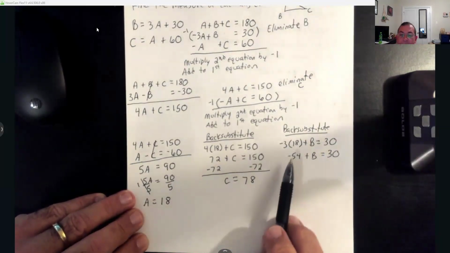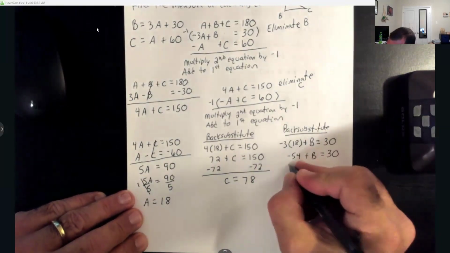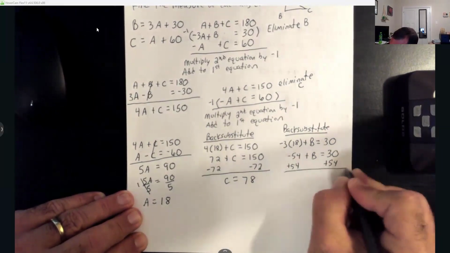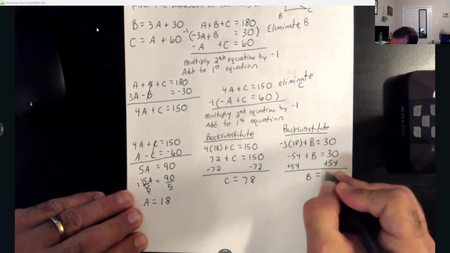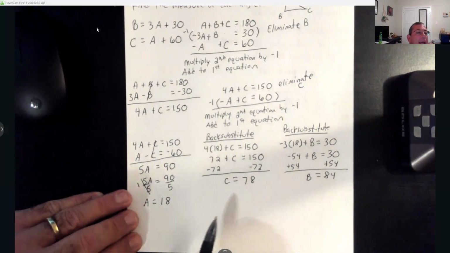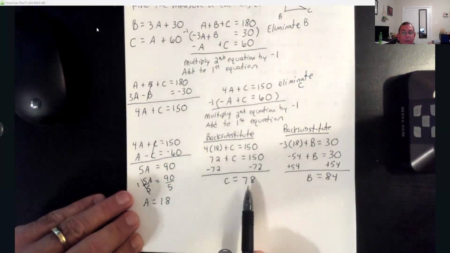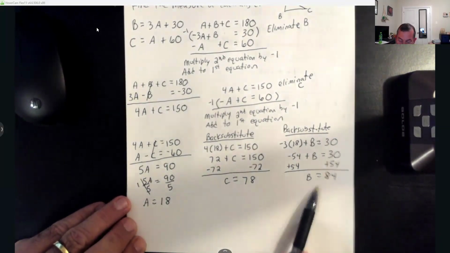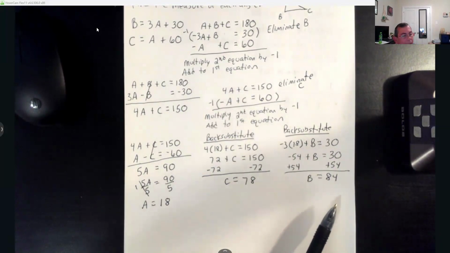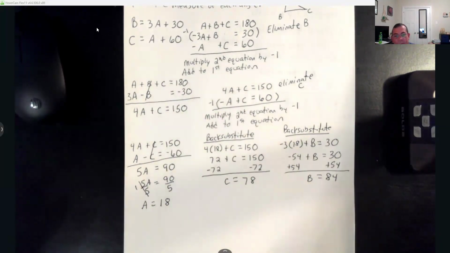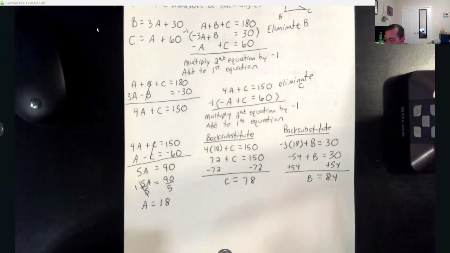And then y'all, the final step, add 54 to both sides. And we get B is 84. So let's see. So Nat, you got it right. 78 for C and 84 for B. Okay. So that'll have like measure angle A equals, angle B equals, and then angle C equals.